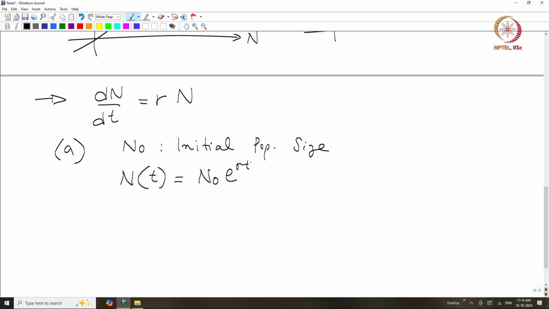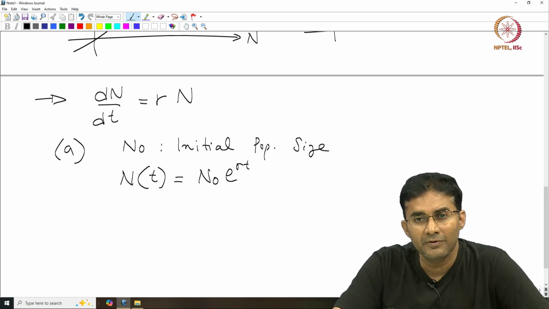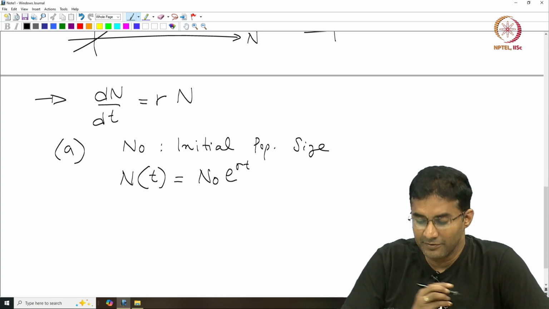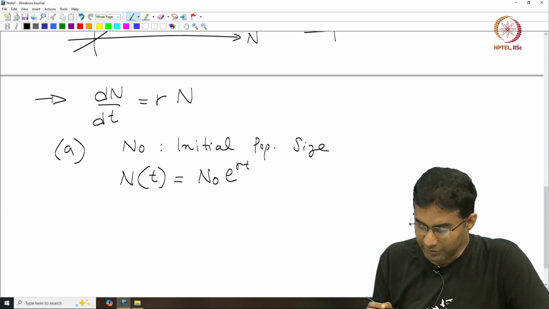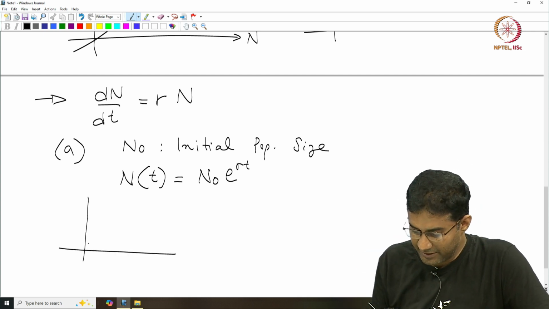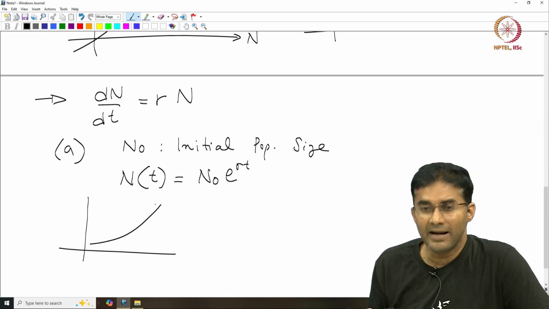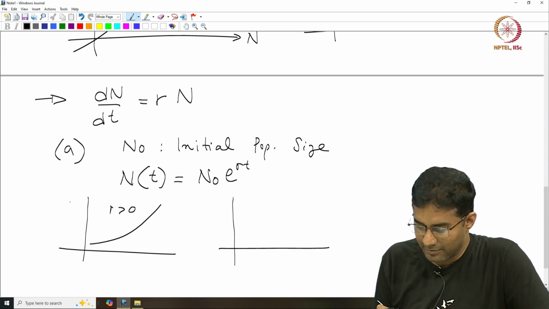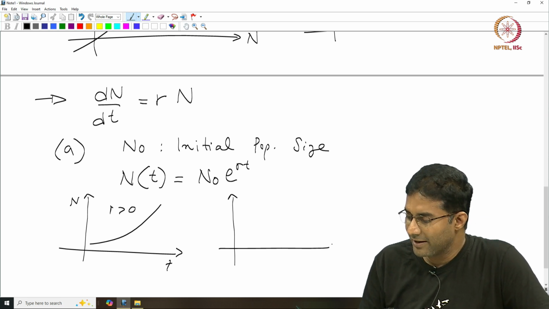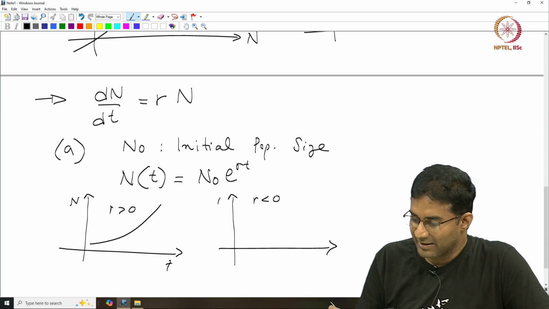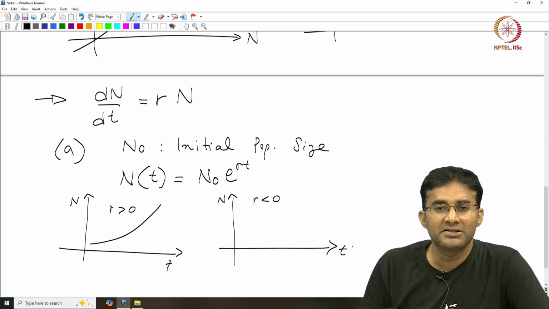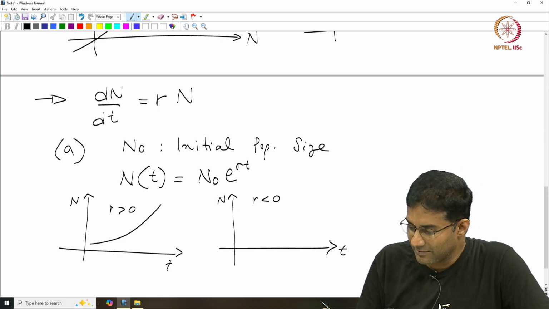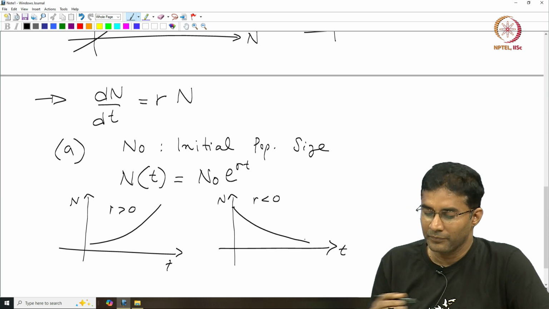This expression is true whether r is positive or negative. In the case that r is positive, you will have an exponential growth like this. This is for r greater than 0. On the other hand, if r is less than 0, basically the initial population declines exponentially like this, right.